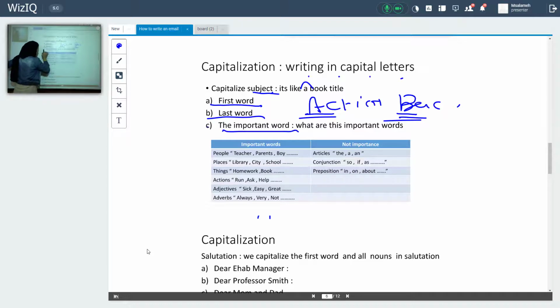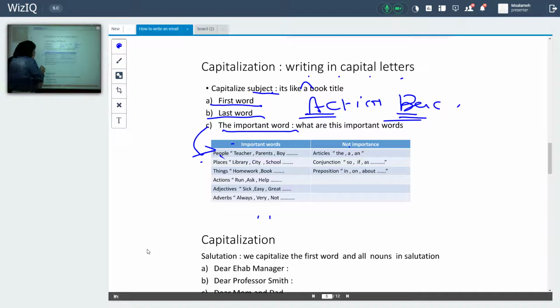Look at this table. We have important words and not important words. Like people: teacher, parents, boy. Places: library, city. Things like homework, book. Actions like run, ask, help. Adjectives like sick, easy.